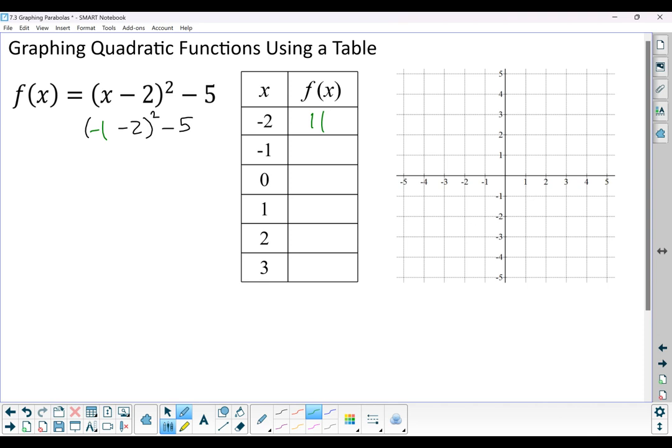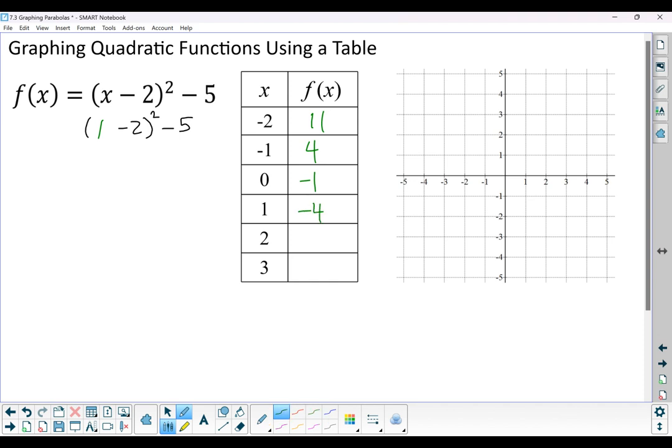For -1, we get the value 4 when we calculate it. And we'll just keep going, substituting those numbers in. When we sub in 0, we end up with an output of -1. When we sub in 1, we end up with -4.